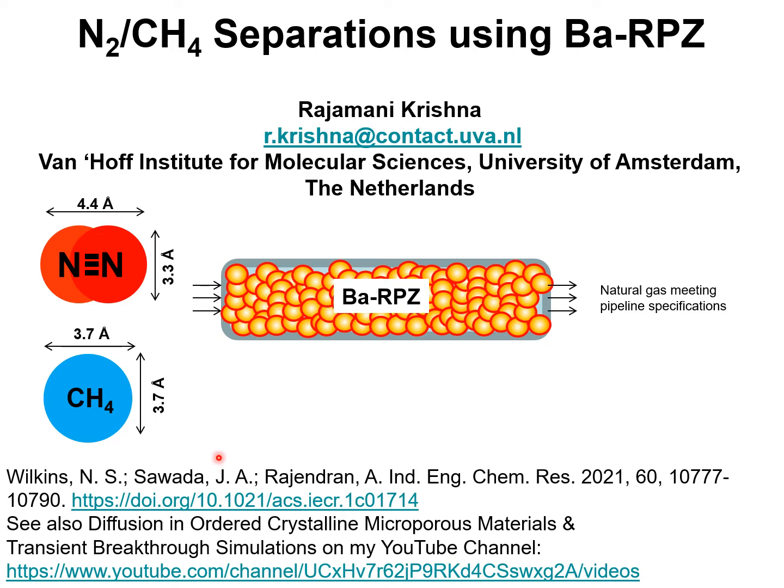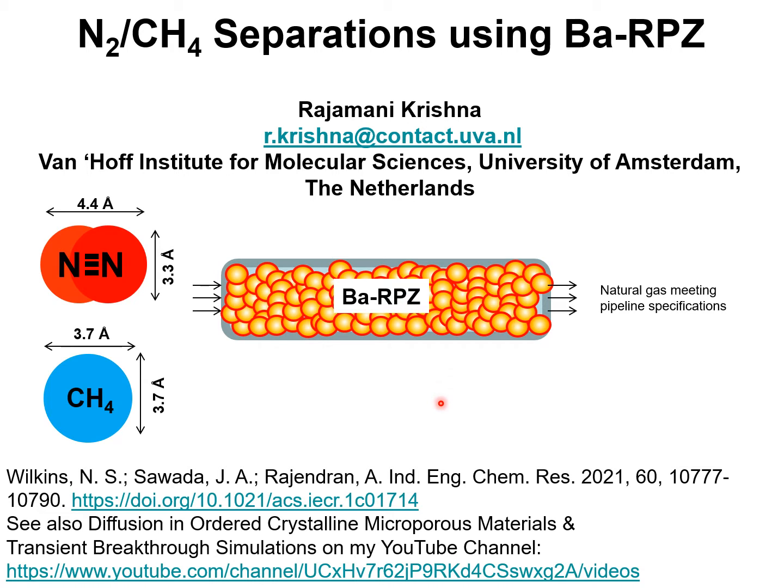In a recent paper, Wilkins, Sawada, and Rajendran report data on the unary isotherms and unary diffusivities for Barium-Exchanged Reduced Pore Zeolite, which is a potential candidate for kinetic separations of nitrogen-methane mixtures.